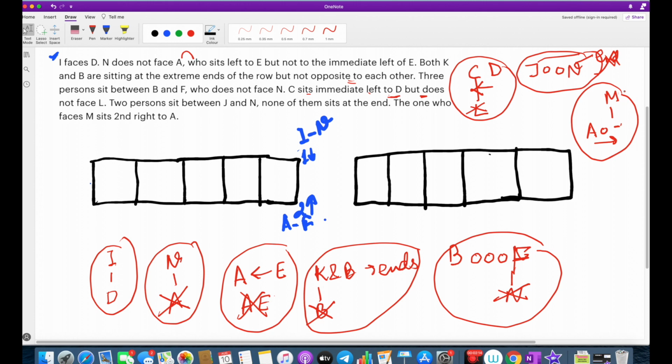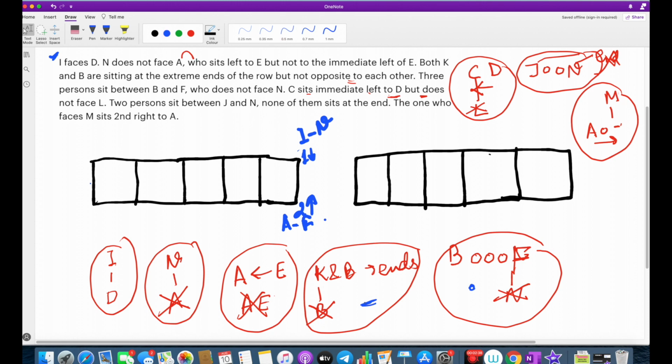So now let's solve the question. Which condition to consider at first? We can consider this condition, BF.